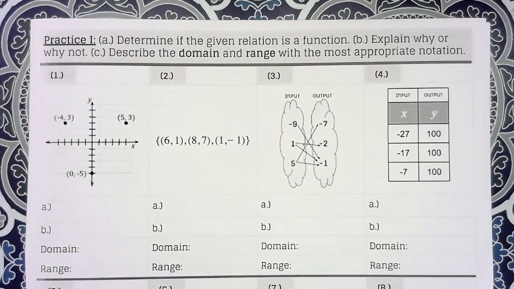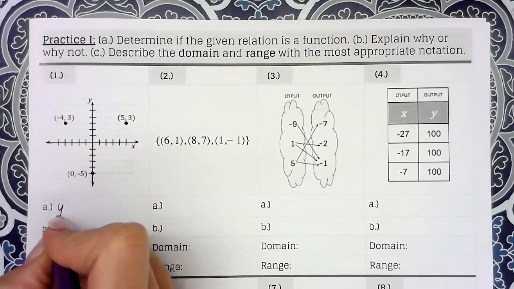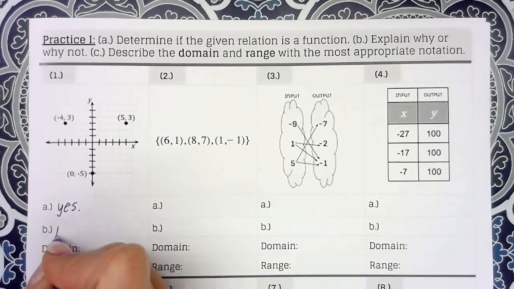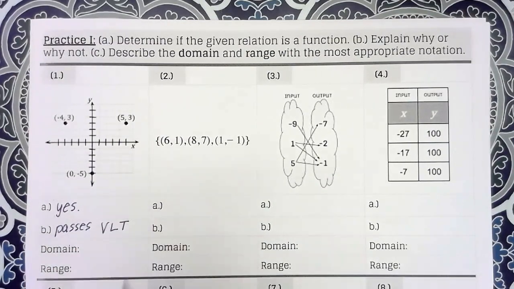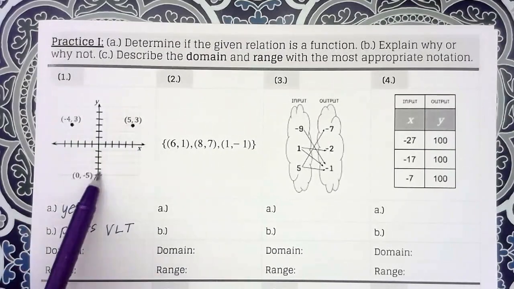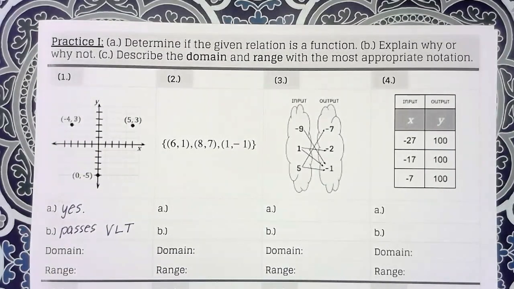I'm assuming that you are back from being paused and that you tried this on your own first. And if you had it already done, well, good for you. Amazing. So number 1, is this a function? I'm going to go ahead and say, yes, this is a function. And I'm going to say it passes the vertical line test, okay? No x values are used more than once. You have to go back and double check your definition.